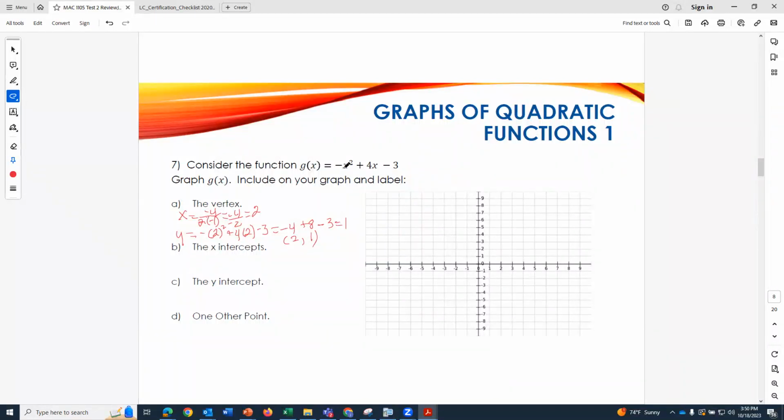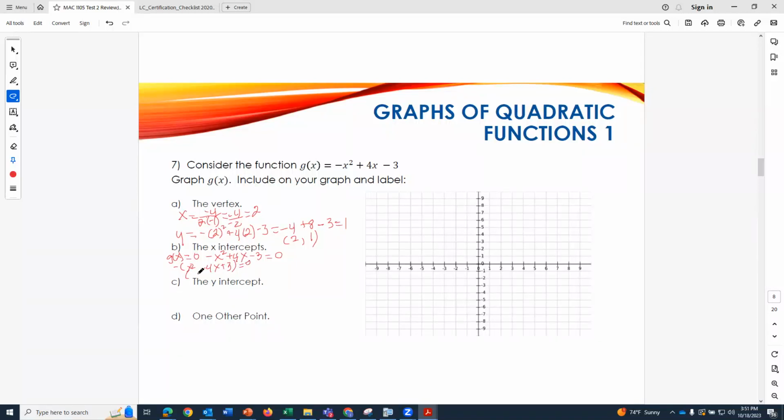The x-intercept is when y equals 0. That means g of x equals 0, negative x squared plus 4x minus 3 equals 0. If we factor out the negative sign, that will be negative times x squared minus 4x plus 3 equals 0.